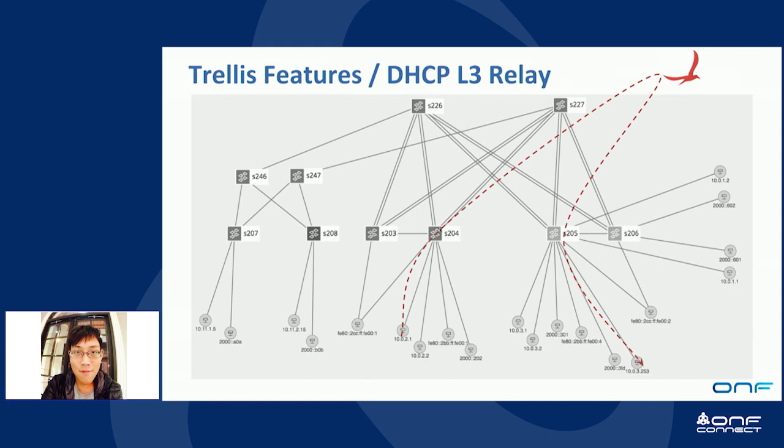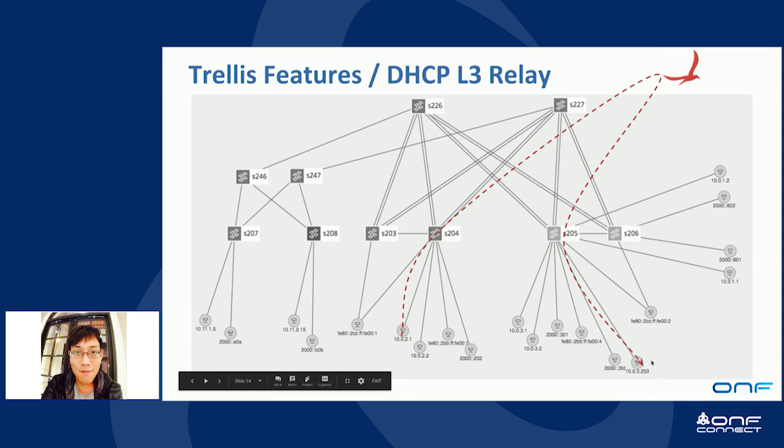And then on the leaf switch, ONOS will actually push a flow that intercepts the DHCP packet and sends it through the control plane channel to the ONOS controller. In the ONOS controller, we run an app we call DHCP relay, and we need to configure the DHCP IP address and location and that kind of information. So the app will understand the location of the DHCP server, and use packet out to forward the DHCP request directly to the DHCP server.